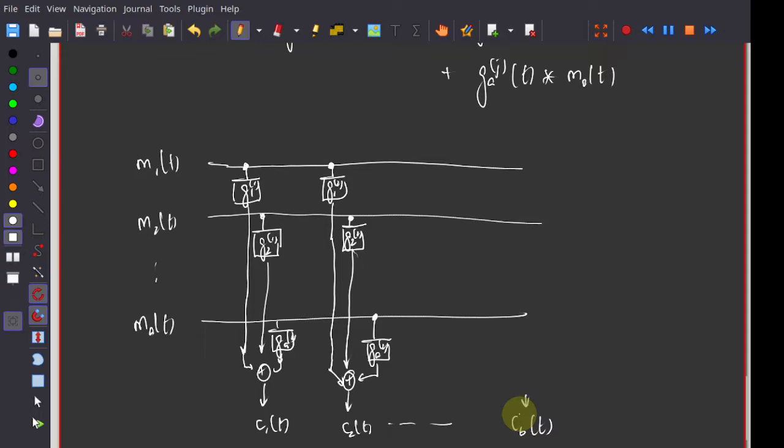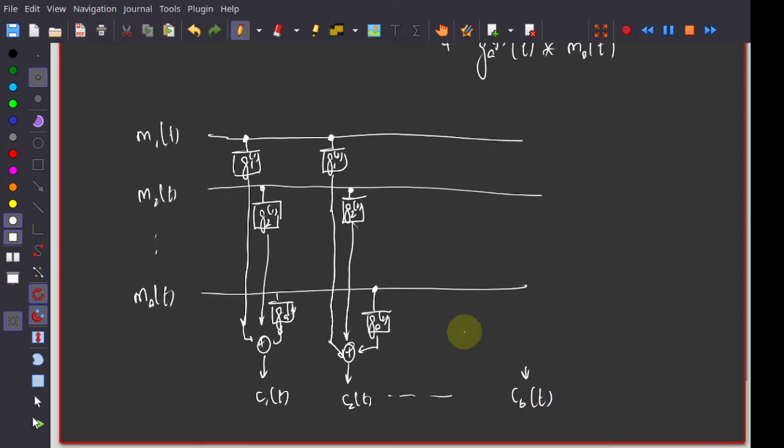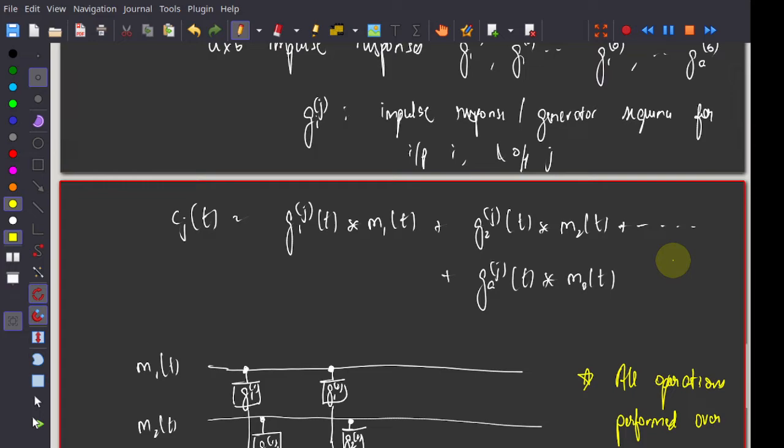They're done over some finite field. Any questions?